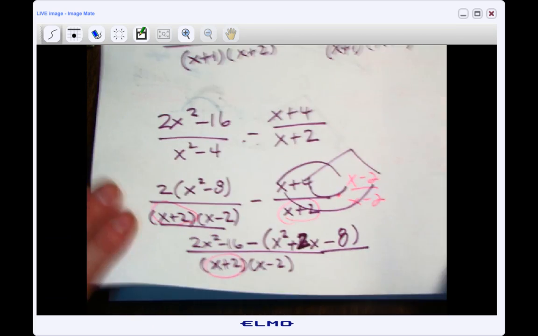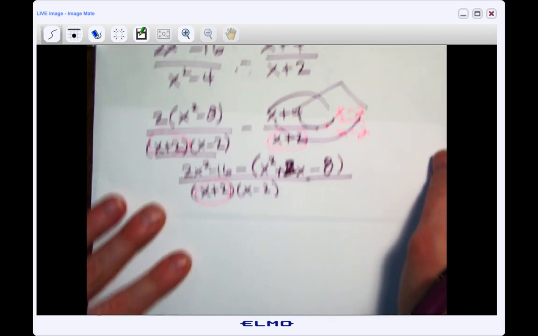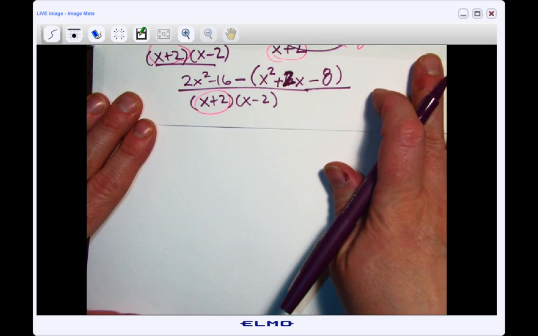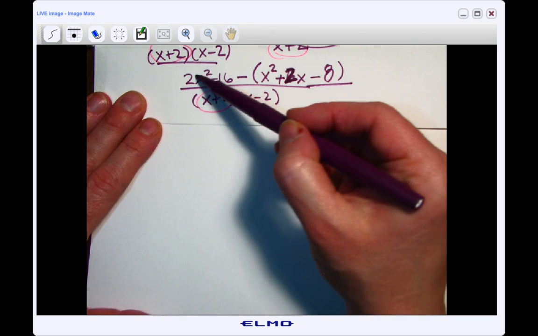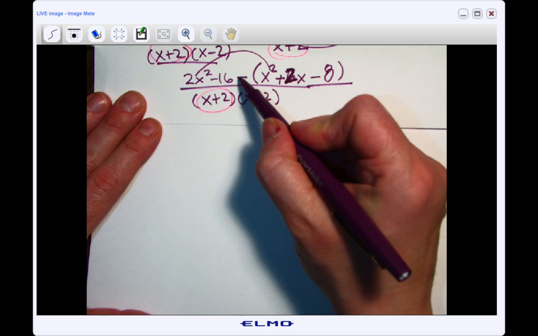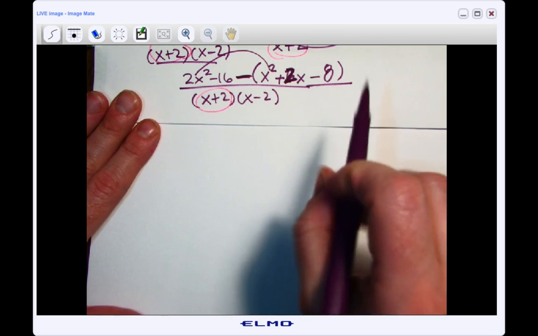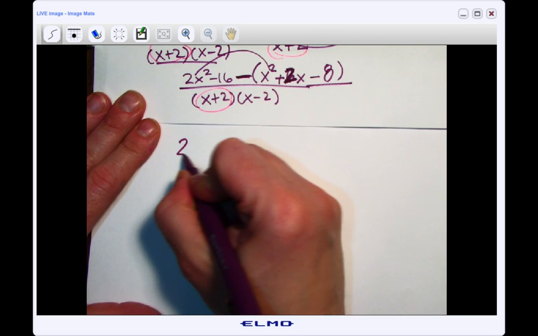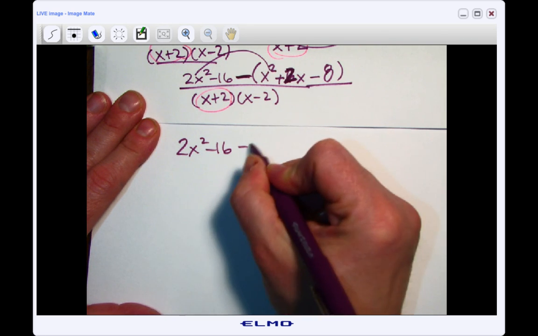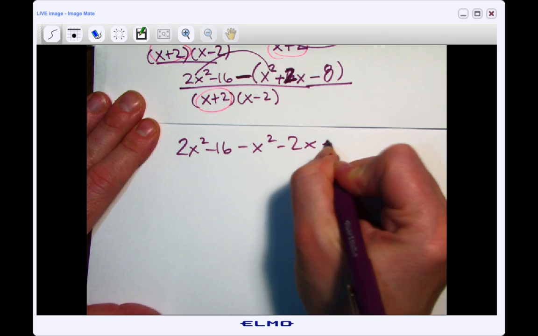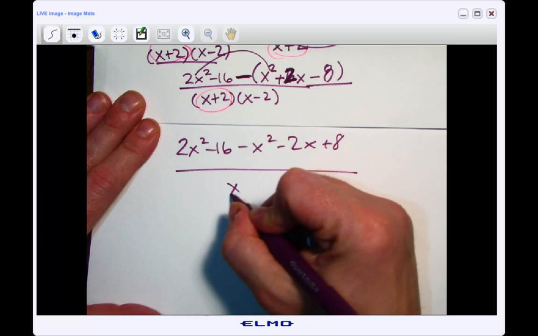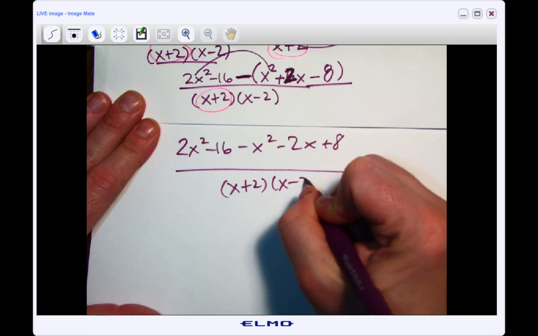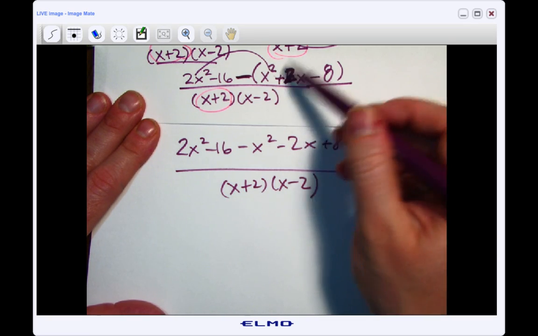And now from here, I'm going to combine my like terms. So 2x minus, don't forget about this guy, right? Minus, let's distribute it. That way I won't make a mistake. Especially when I'm talking, I make lots of mistakes. So I'm going to write that so I don't make mistakes. So I just distributed the negative first.